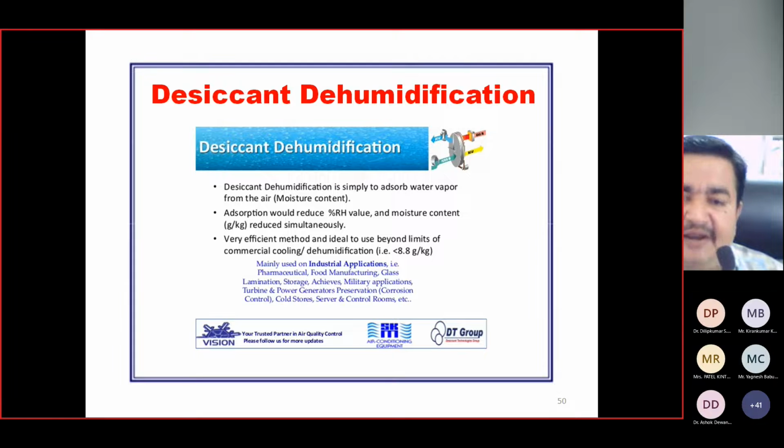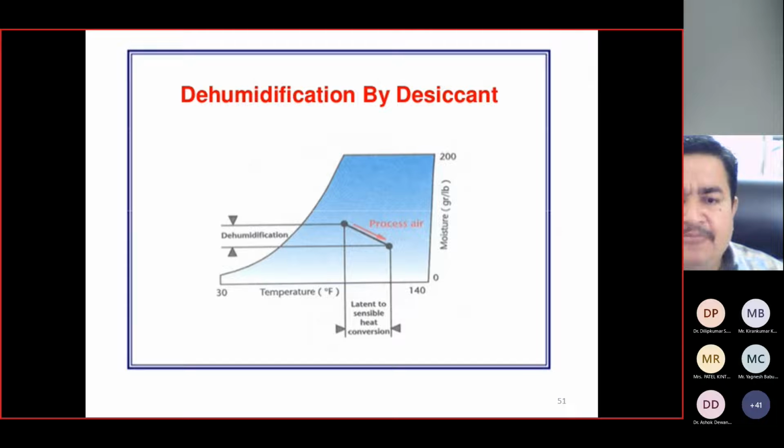So the air travels from higher vapor pressure to the lower vapor pressure desiccant surface, and the moisture can get condensed because of the affinity of the moisture with the desiccant surface. In that way, we can reduce the relative humidity as moisture is absorbed by the desiccant material. This process on the psychrometric chart is shown as theoretically isenthalpic.